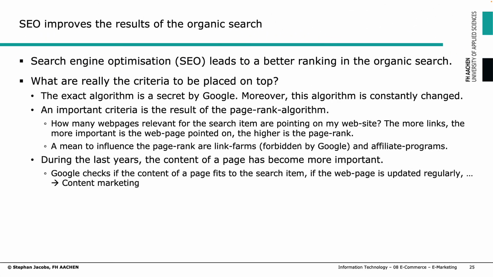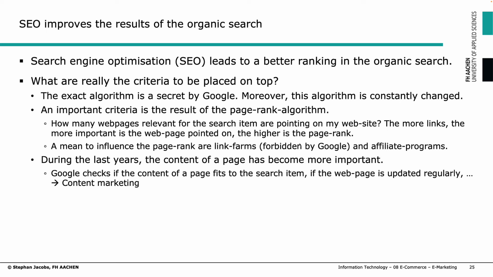If you don't want to pay for your results at Google, then you have to go for SEO, search engine optimization. So if you are found in the organic search, you don't have to pay anything directly to Google. However, you have to constantly work on your website to get it optimized for SEO, for organic search.